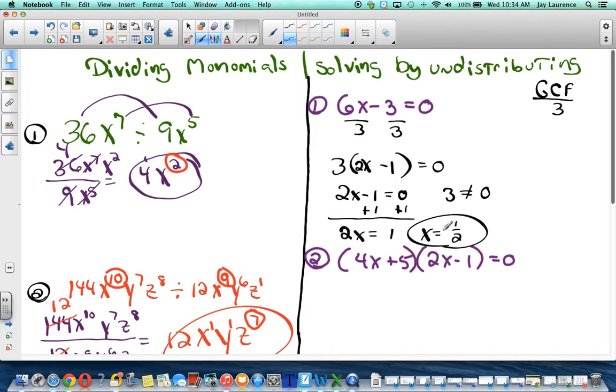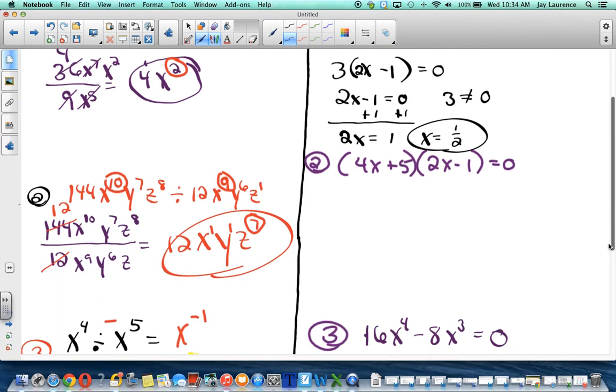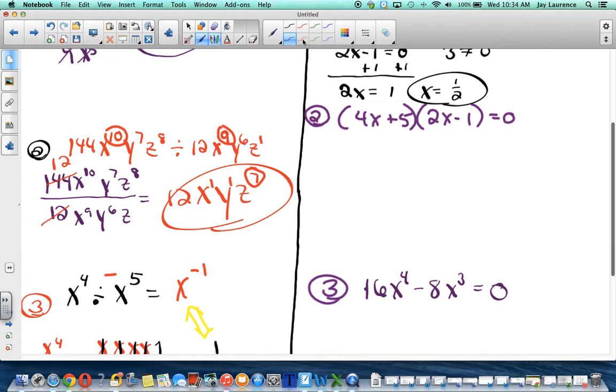There you go. Now, on problem 2, somebody has already undistributed for us. We have 2 quantities equal to 0. So I'm going to take the first quantity, 4x plus 5, set it equal to 0. And I'll take the second quantity, 2x minus 1, set it equal to 0. So add 1 here. I just did this one, didn't I? 2x equals 1.